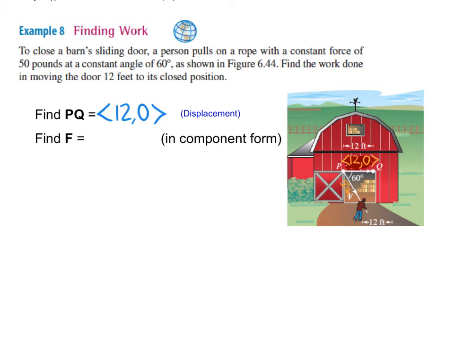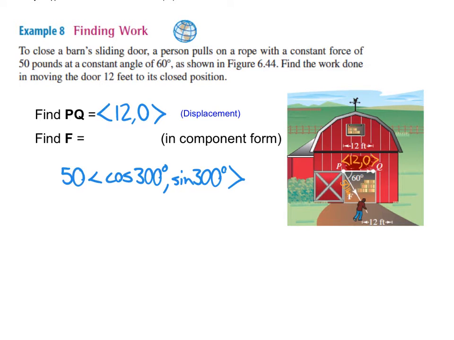we need an angle in standard position. What's our direction angle? 300, because it's 60 degrees down, so that's 300 around. So we have 50 times the vector cosine of 300, sine of 300. And you ought to know what the cosine and sine of 300 are. What's the cosine of 300?